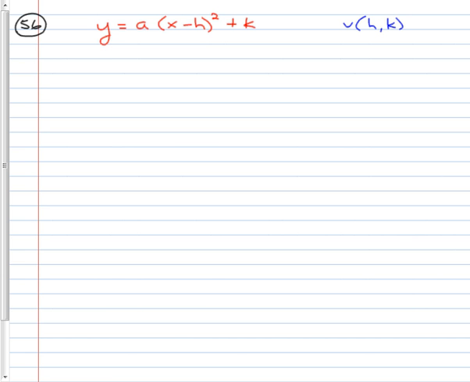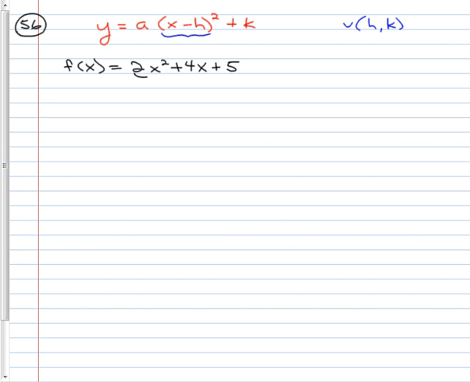And we complete the square because, just like on the circle, we need another one of these binomial squares. So we want to get it into that form. 56, f of x equals 2x squared plus 4x plus 5.